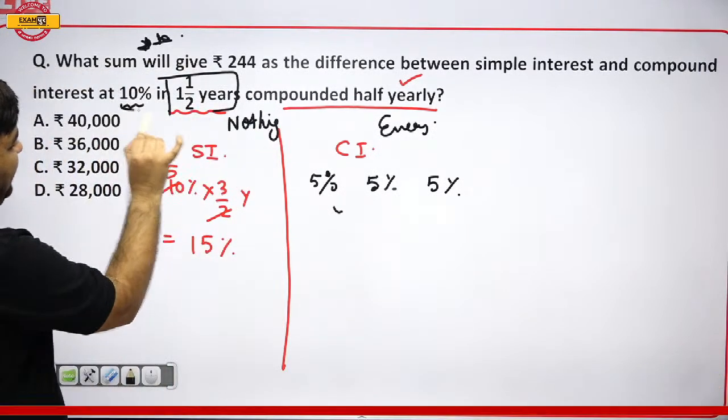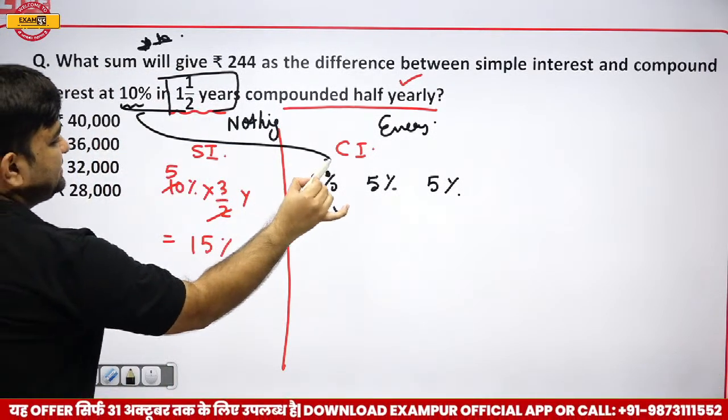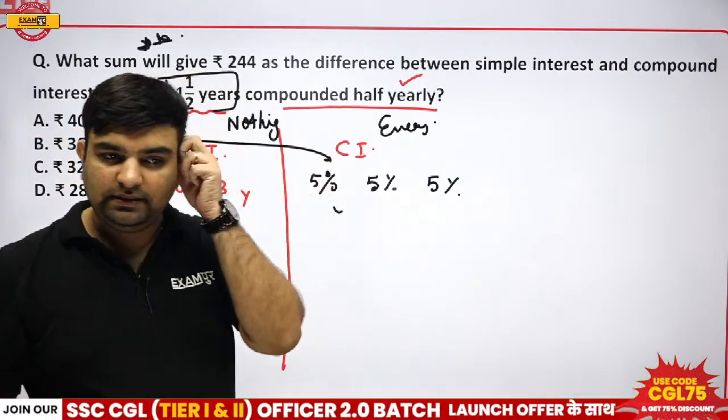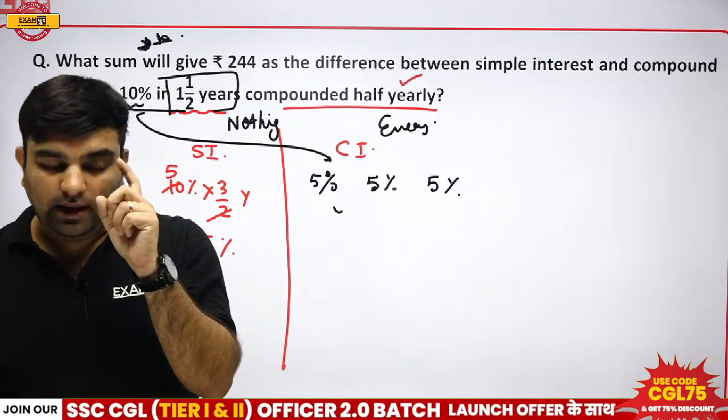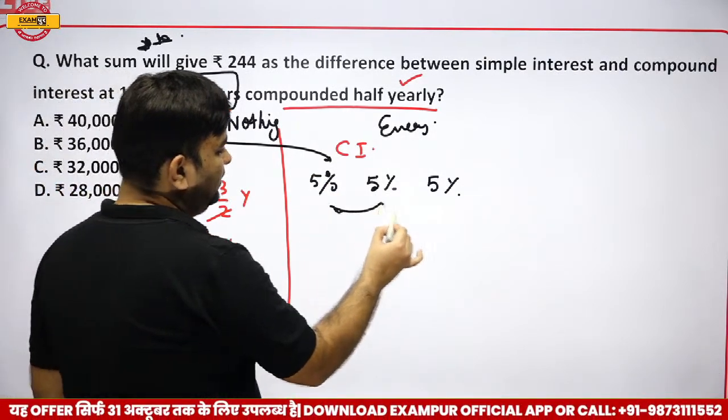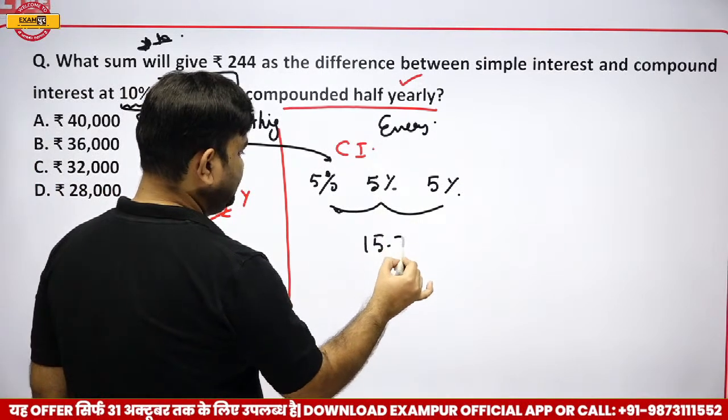So this data is interpreted like this in the CI. I told you always to remember the effective of 5, 5 and 5. It is 15.76%.